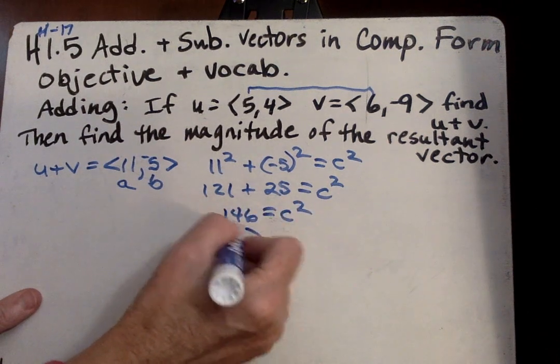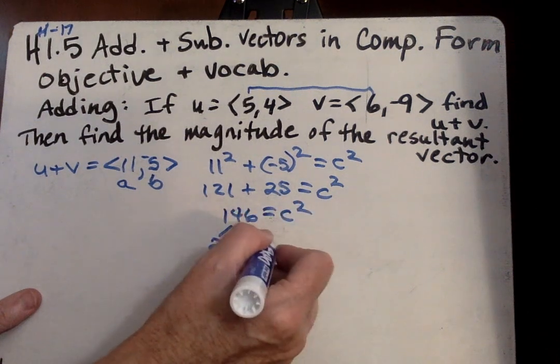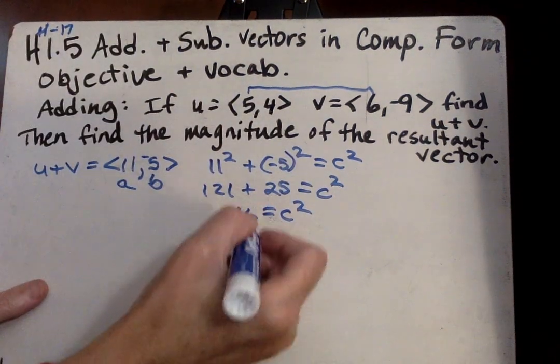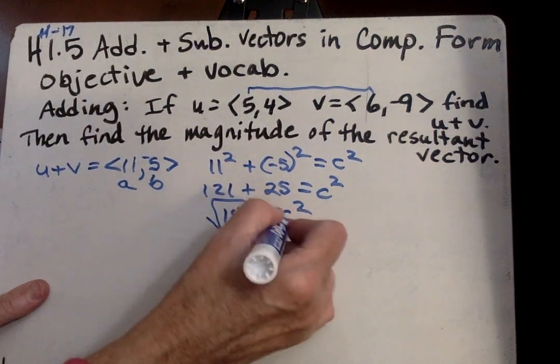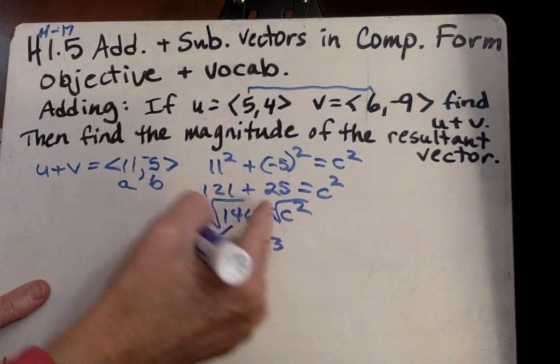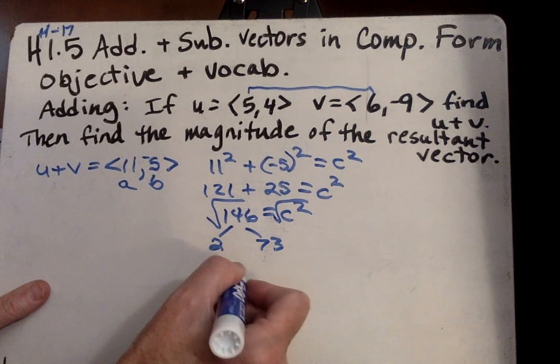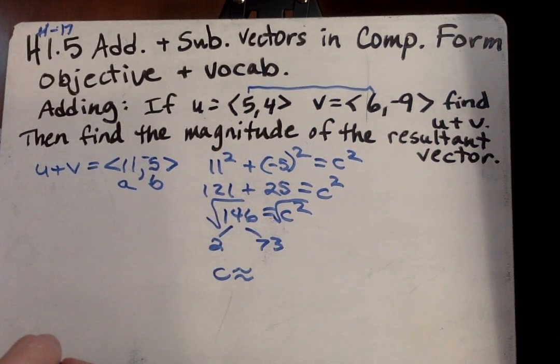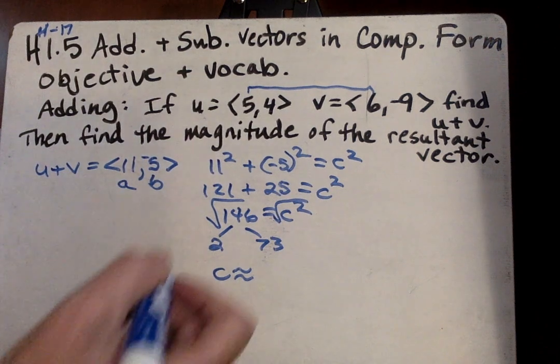Let's see if that breaks down into 2 times 73. Pretty sure 73 is prime. So I can't break it down into factors, so I just take the square root. And I'm going to switch them around using the symmetric property, and c is approximately equal to the square root of 146, 12.08.